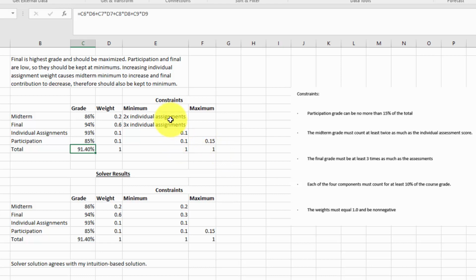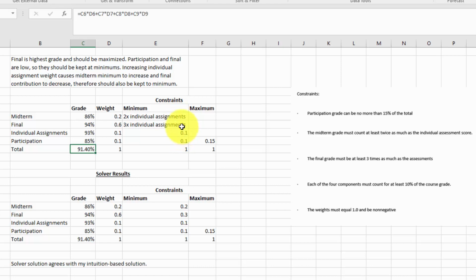Now, why did this person say that the only minimum constraint was 2 times the individual? Why didn't that person say that there should also be a constraint of 10%? Well, if you think about it, if the midterm is twice the individual, and the individual has to be at least 10%, then you've satisfied that 10% constraint for the midterm.